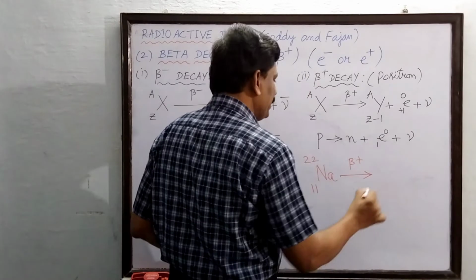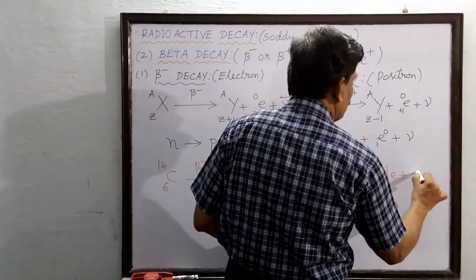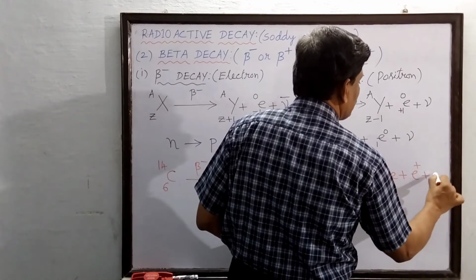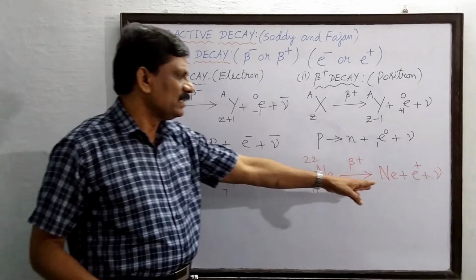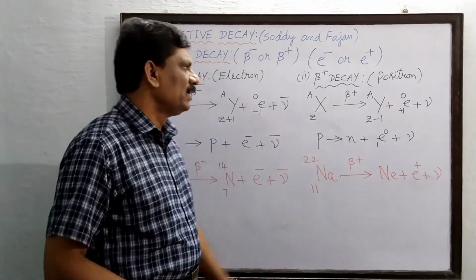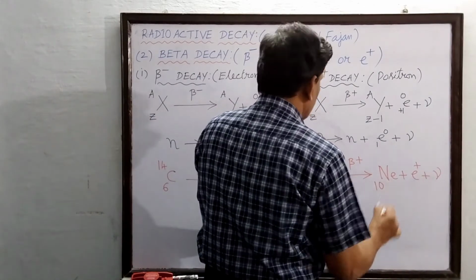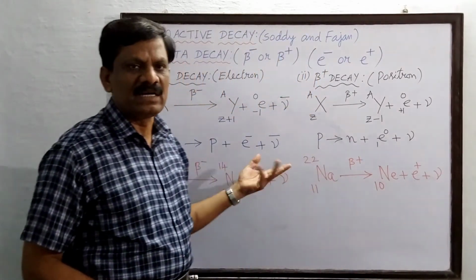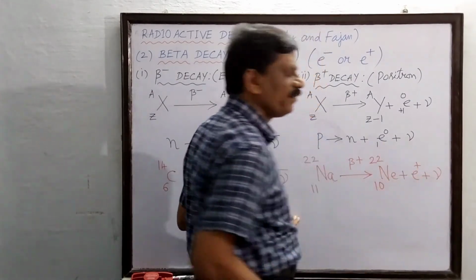So after emission, it becomes neon plus this positron plus a neutrino. Now you can tell me what the charge number of the neon must be. It is Z minus 1, which means 11 minus 1 is equal to 10. Similarly, the mass number does not undergo any change, so it is also having the same mass number 22.